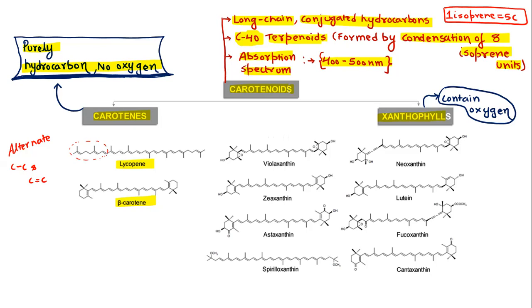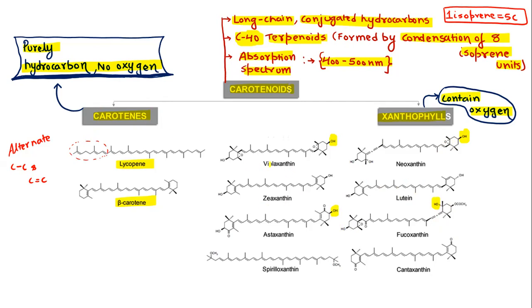While for the xanthophylls, the list is long, but it's quite easy to remember also. The structural difference that you can easily see is the presence of oxygen, and this clearly demarcates the carotenes from the xanthophylls. So xanthophylls contain oxygen. On the other hand, carotenes are purely hydrocarbon, absolutely no oxygen, right?